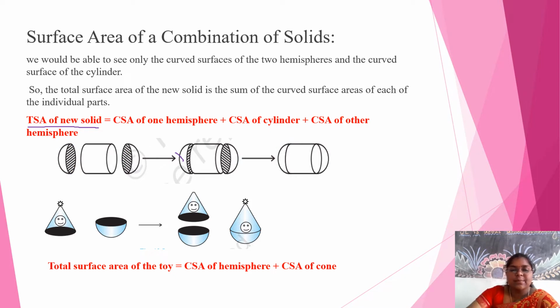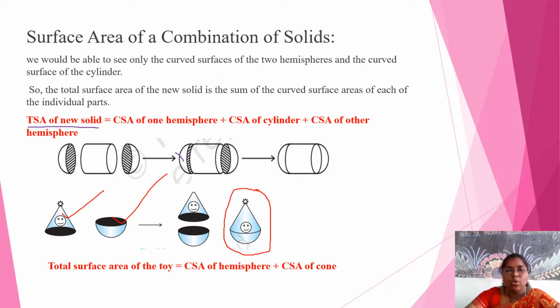Next, another example I have given here. This is the actual figure, right? It is a toy, and this toy is the combination of two figures. What are the two figures? One is a cone, another one is a hemisphere, right? Hemisphere is nothing but half of the sphere.